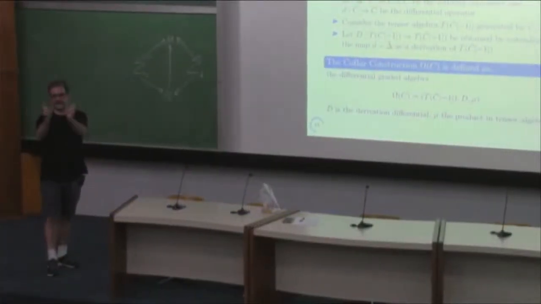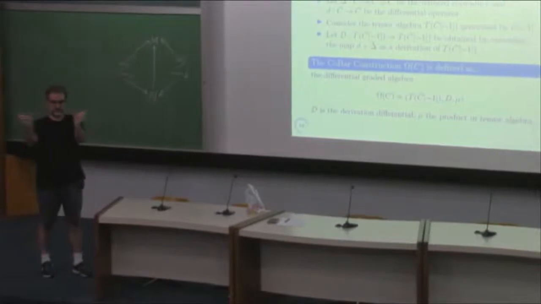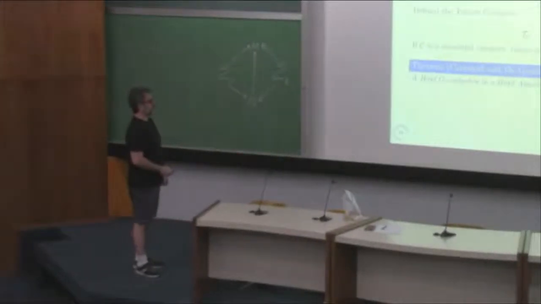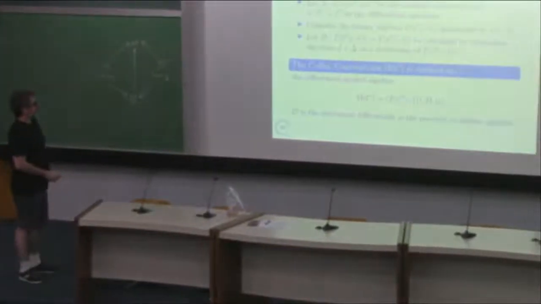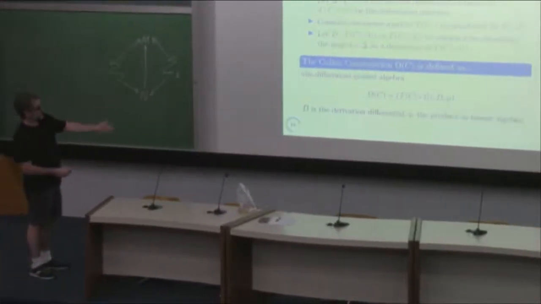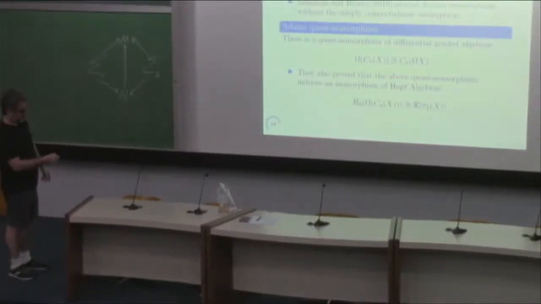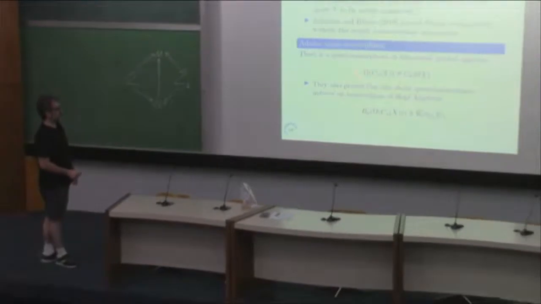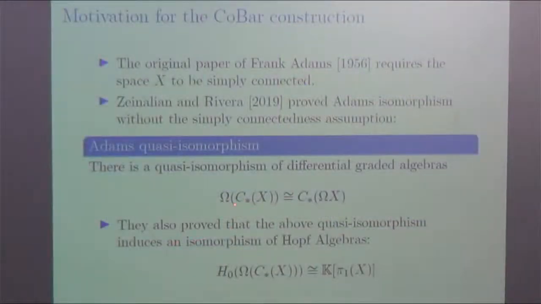You just concatenate. You take an expression given by a tensor, and you put them together. Yeah, that's the cobar construction, and that's the construction that is in all these stories that we were talking about before. So this is the Adams isomorphism. That one here is the one that we just defined.